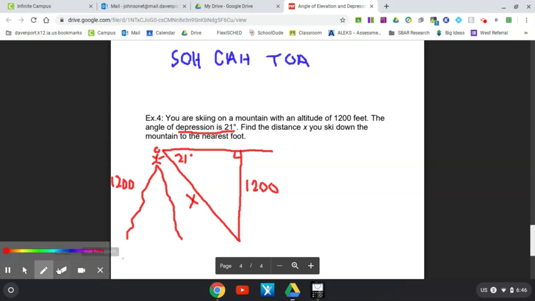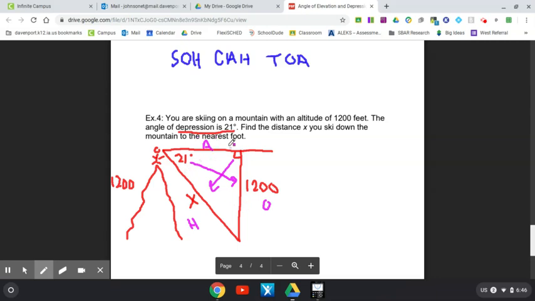Okay, so let's do what we did before and label our sides. Side opposite of our right angle is our hypotenuse. Side opposite of the angle that we care about is our opposite. And the side next to it is our adjacent.